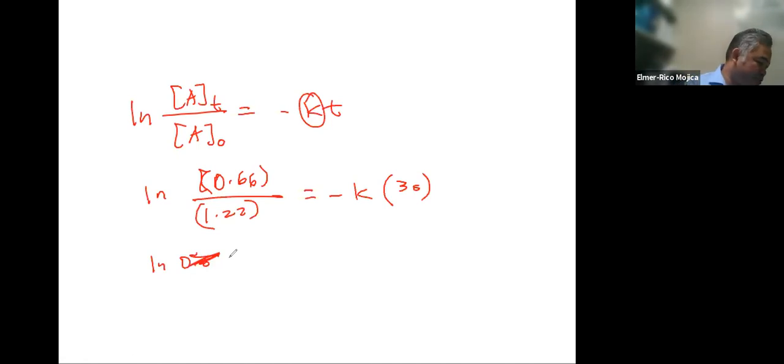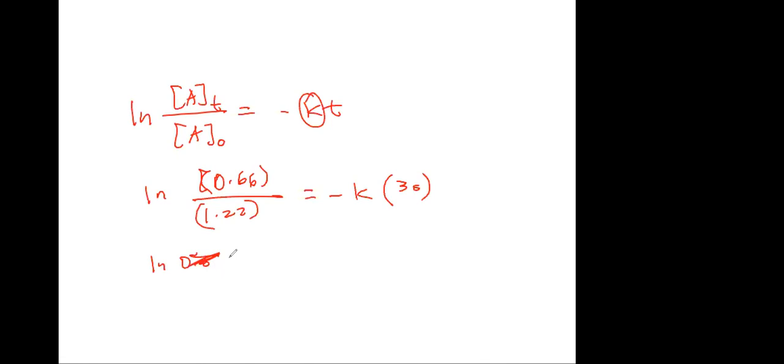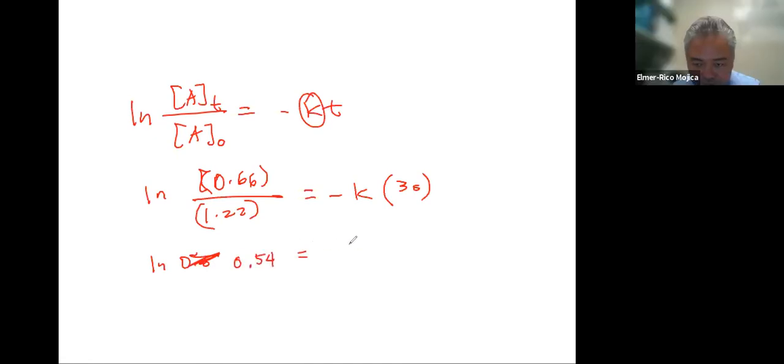If you have your calculator, where's my calculator? I don't have a calculator right now. It's 0.54. And then you have here negative 3k.